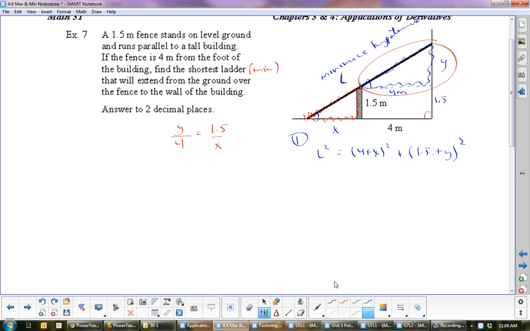I chose to actually get rid of my x value, but either way, you're still going to get the right answer. But if you bring the x up, bring both those up, you'll get xy equals 6.